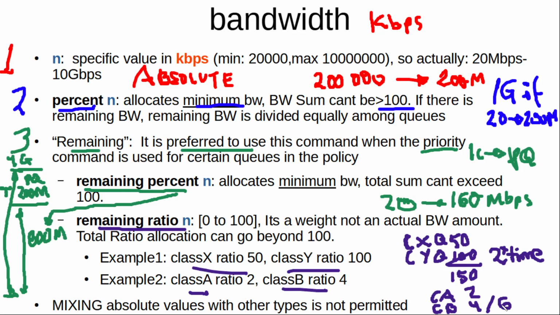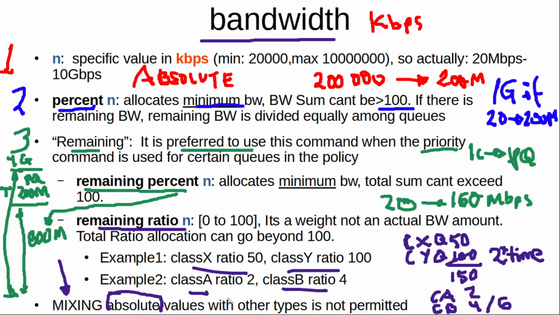And before moving on, let's remember that we have to follow a rule. When using the bandwidth command, we cannot mix using absolute values for some classes and percentages for other classes. So if you're going to use absolute values, you are going to have to use absolute values for all your classes.